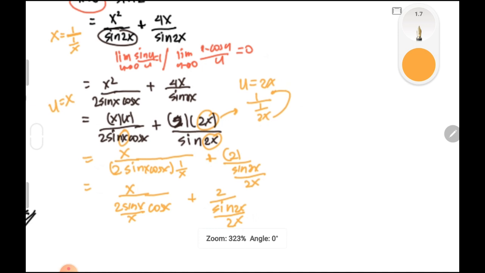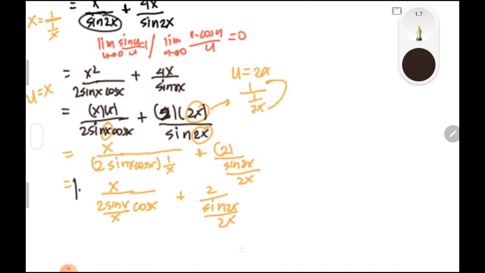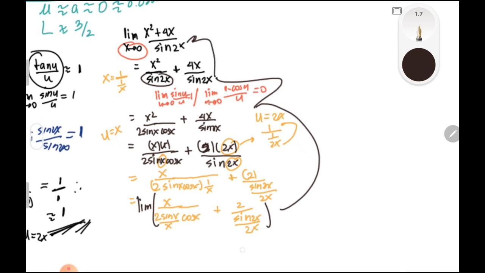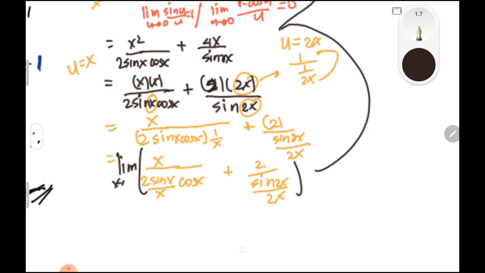Alright, so let's get its limit now. So getting the limits of this whole function that is equal earlier to this function. Okay, this is just the manipulated equation as x approaches 0. It may be simplified or not, as long as your approach is there.